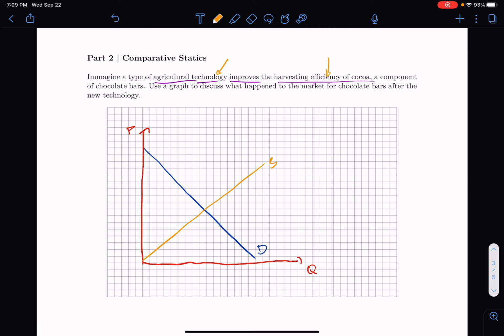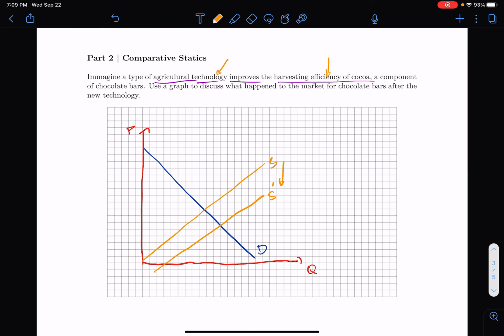So this is actually going to change the supply curve. We don't know exactly what the shape of the shift in the supply curve looks like. All we know is that because efficiency is improving, this is going to make costs go down. So let's just, because we don't know anything about the shape itself, say it shifts down something like this.